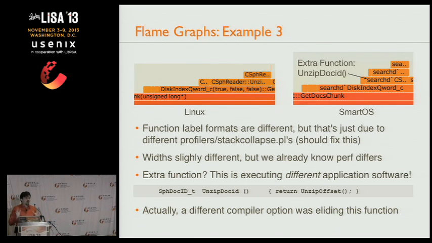So I brought up the source code, had to look at the function. That's what it looked like. This was actually in Sphinx. Unzip docID, return unzip offset. And so this is where the penny dropped. When you see a function like that, you think compiler optimizations. Compilers love to eat these things for lunch.